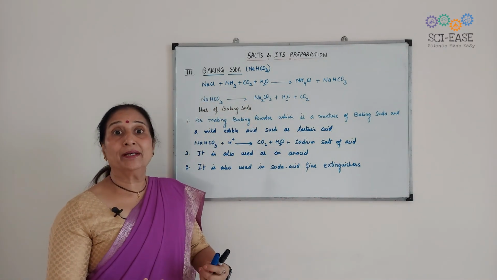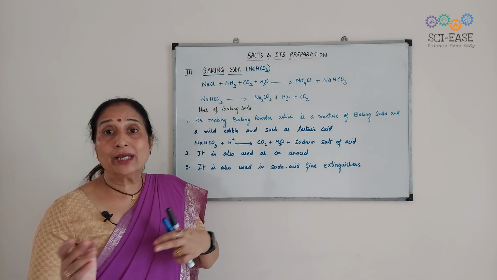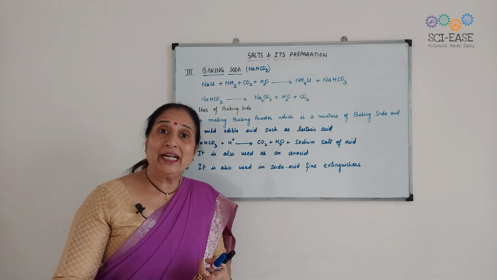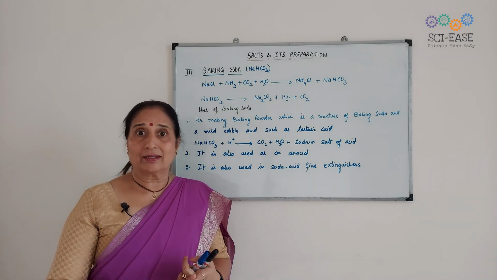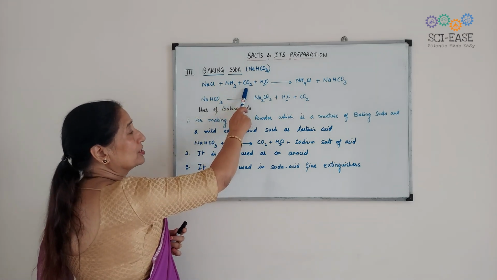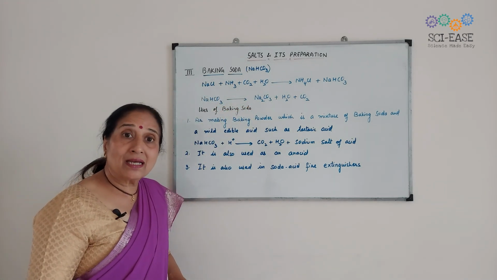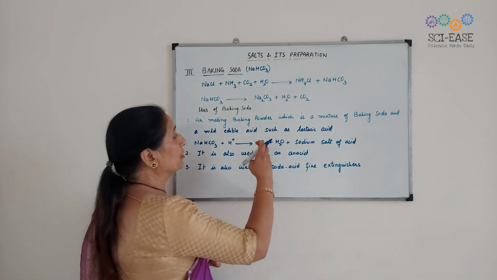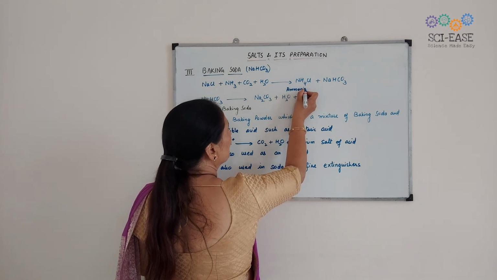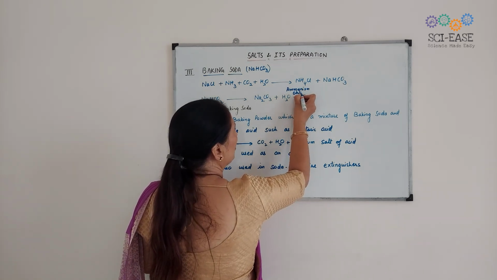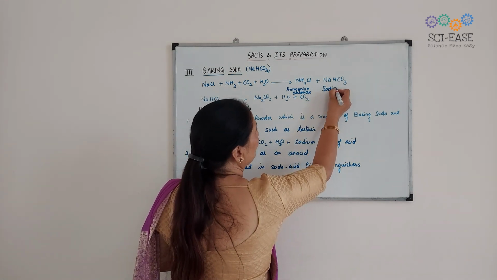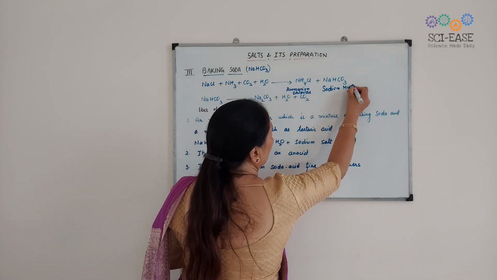So how this sodium bicarbonate or sodium hydrogen carbonate can be prepared, that I will tell you. Here the raw material which we are taking is the common salt, that is NaCl, plus ammonia, plus carbon dioxide, plus water. The result is the formation of ammonium chloride, and the second one is sodium hydrogen carbonate.